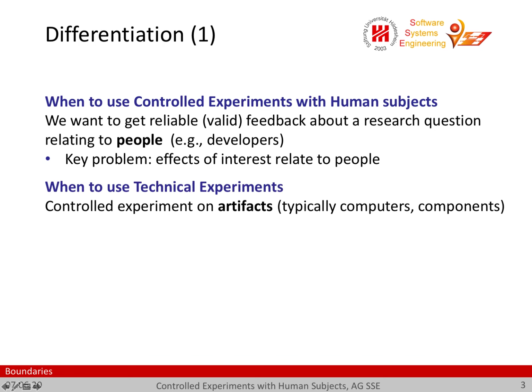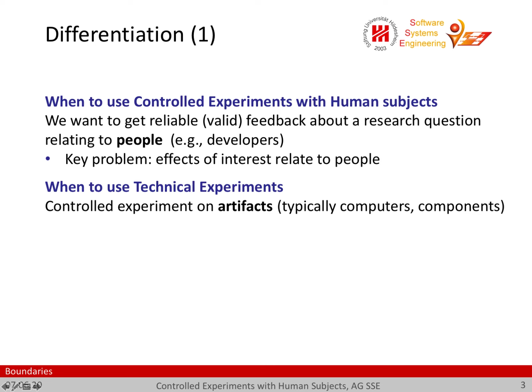We will discuss technical experimentation in a later lecture, and the main difference there is that this is about controlled experiments on artifacts. So they are controlled as well, but because this is artifact oriented, a lot of different concerns apply.